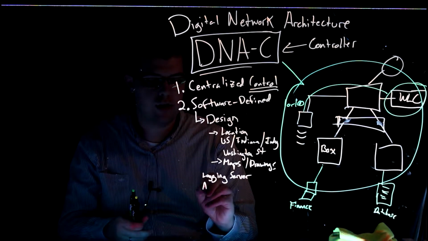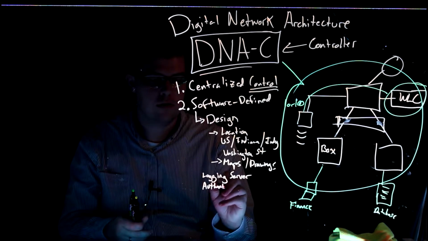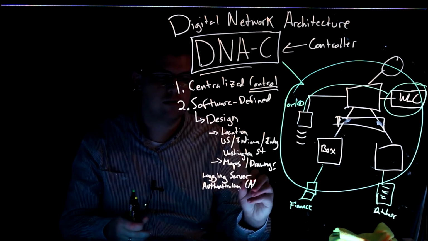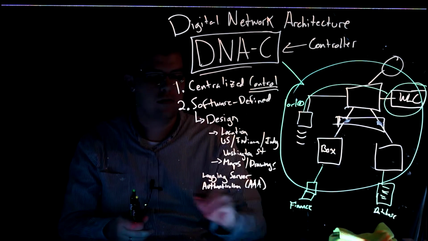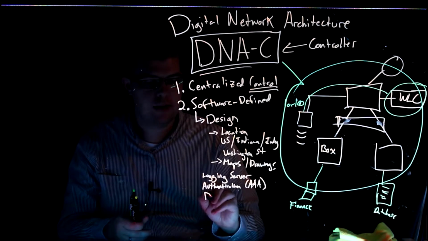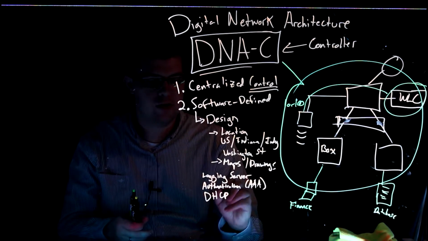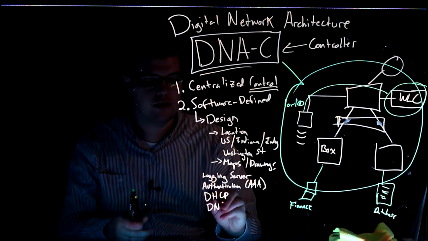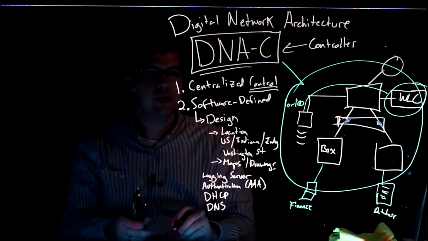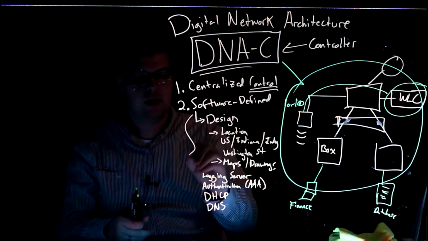I might have an authentication, an authorization, or our AAA server. I'm going to set up specific DHCP and DNS servers. And all this information gets built into DNA Center.